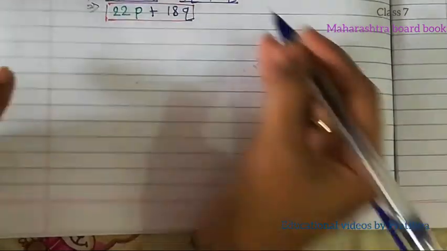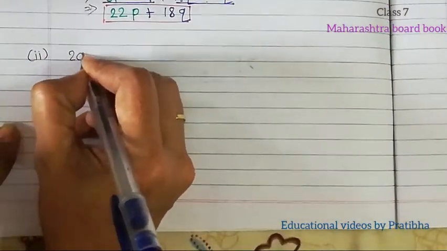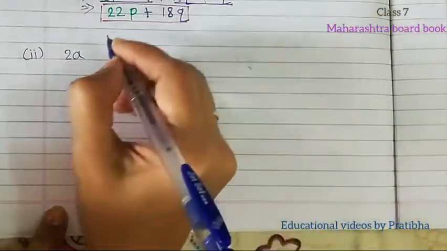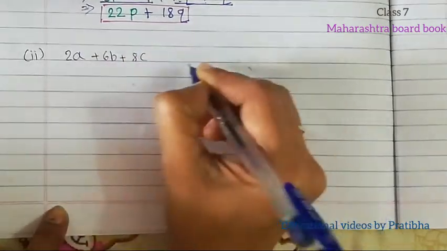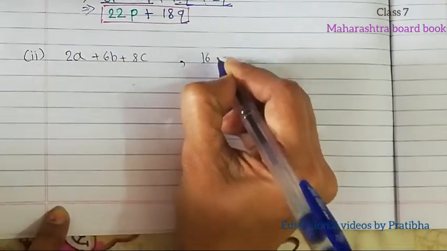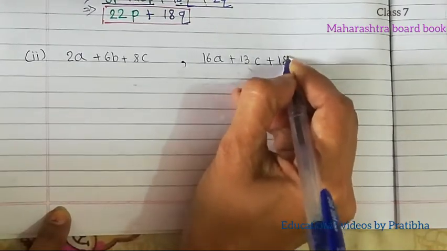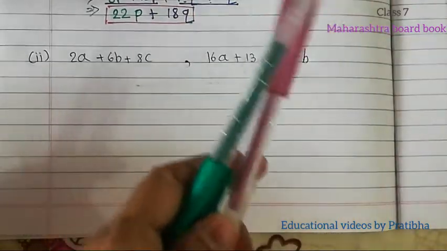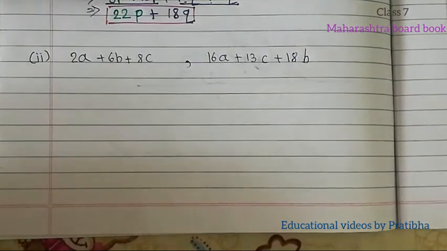Let us discuss question number 2 now. Question number 2 is 2a plus 6b plus 8c, and the second expression is 16a plus 13c plus 18b. Now here three terms are there, so I'm going to use three different colored pens. Okay, so we are going to do vertical arrangement.